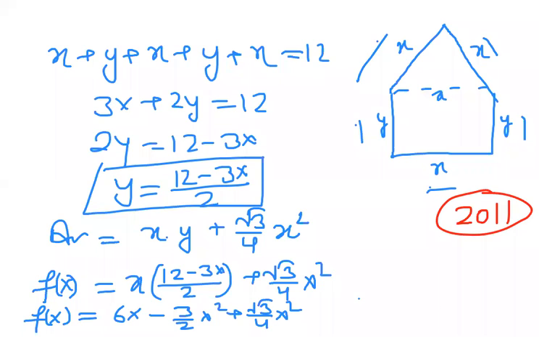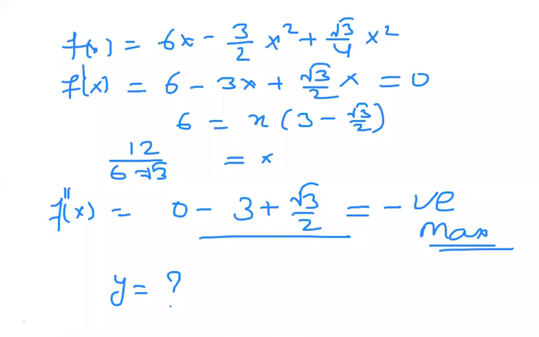such questions. Similar to this, one more question is given. I'm just trying to show you the condition so that you must be able to understand that also. A window is in the form of a rectangle surmounted by a semicircle. This question is given in NCERT.